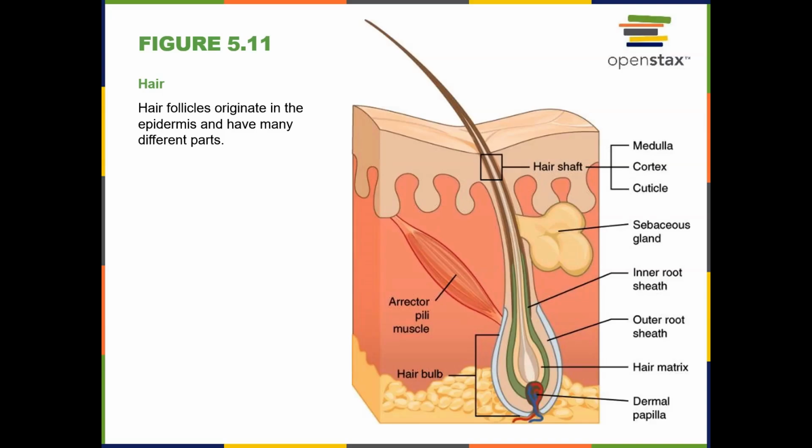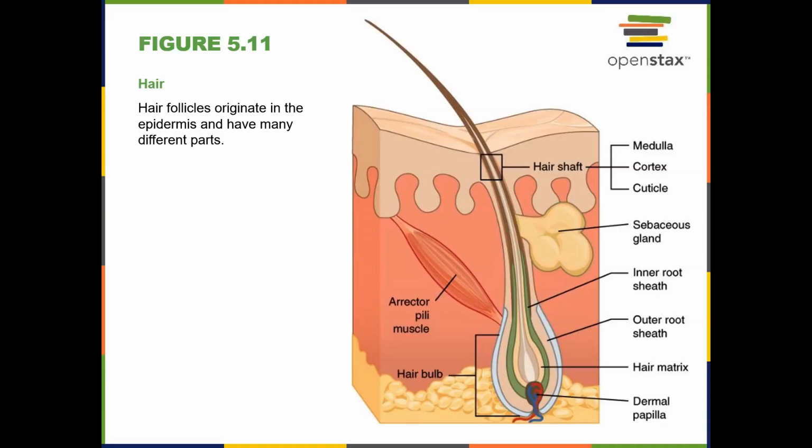The functions of the hair include protection, sensory input, thermoregulation, and communication. For example, the hair on the head can protect the skull, protect the top of the head from exposure to the sun.